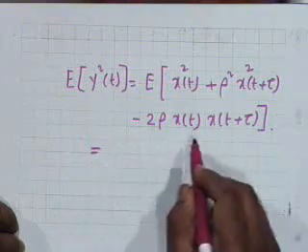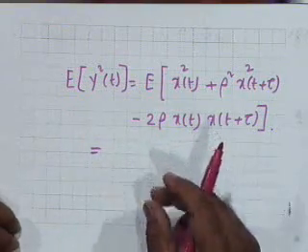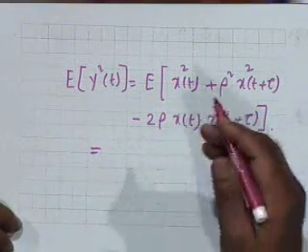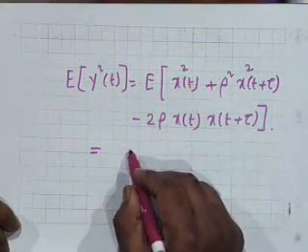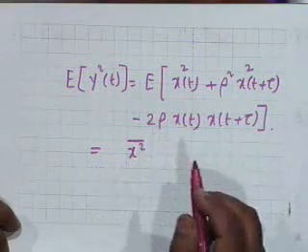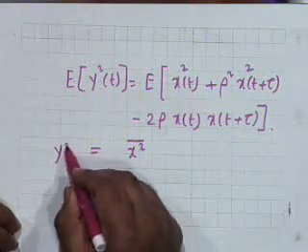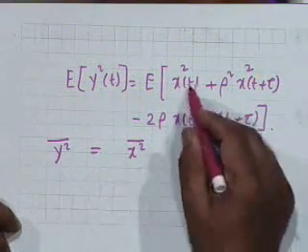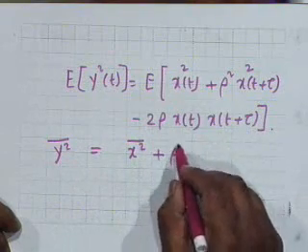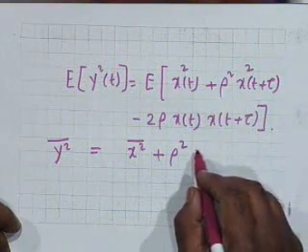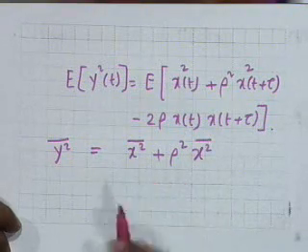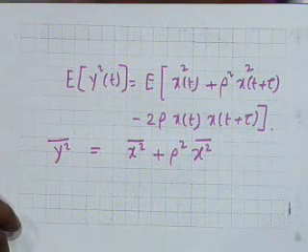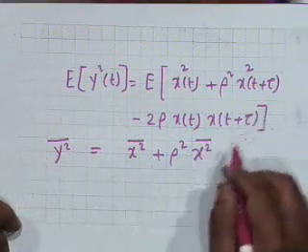Expectation, the integration, is a linear operation, and therefore we can write this as the sum of three terms. The first term would be x squared bar. The second term would be rho squared, again x squared bar, because the process is assumed to be stationary.